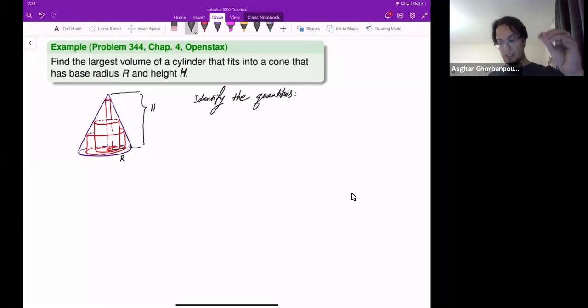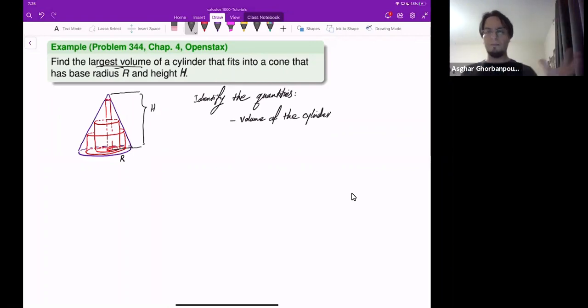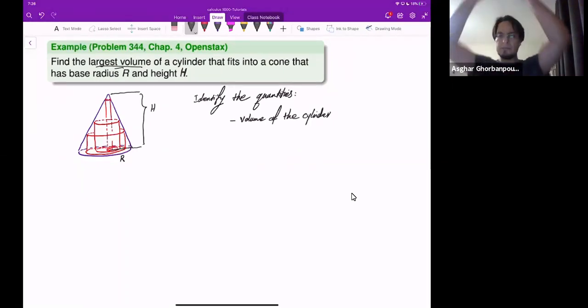First thing first, you can always write that the quantity that we want to maximize or optimize in this case is the volume of the cylinder. And then based on that, we see what the volume depends on. Volume of a cylinder is the area of the base times the height, yes?